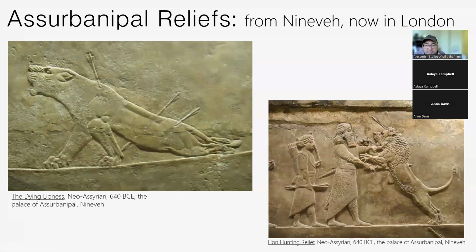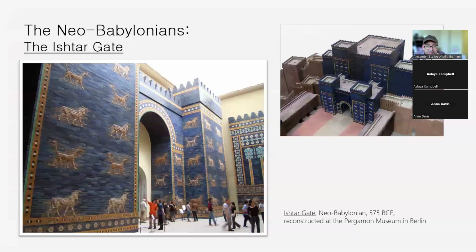I talk about it because it's an example of relief sculpture, and because of what it tells us about culture and people and how we read into art. There's a lot there, but we're not going to cover that right now. I just want to make sure you're aware the Dying Lioness by the Neo-Assyrians, 640 BCE, that one you're going to need to know.